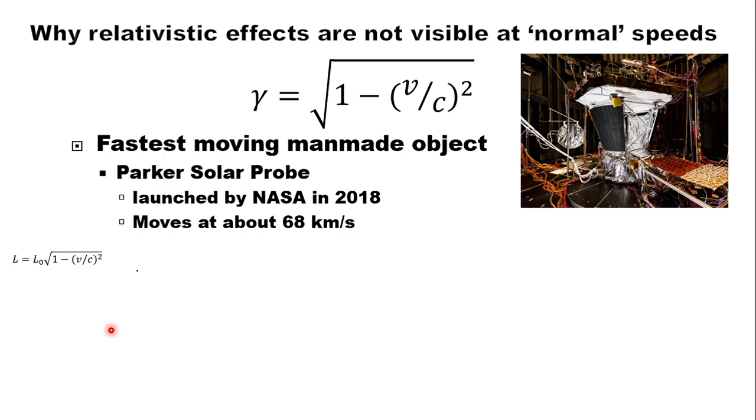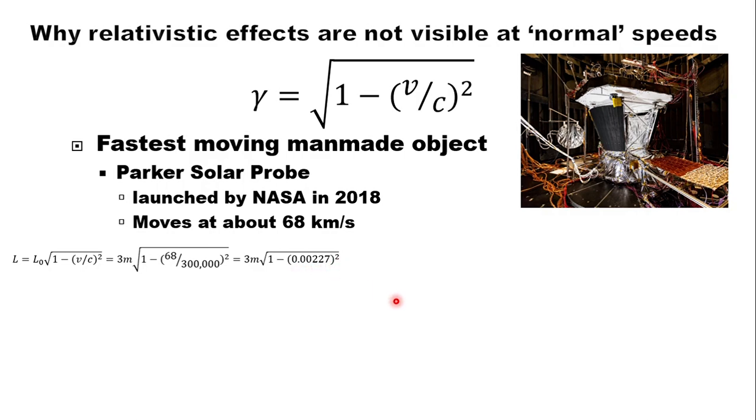Okay. So let's plug in our numbers. The Parker Solar Probe is 3 meters in length. It's traveling at 68 kilometers per second. And the speed of light, c, remember, is 300,000 kilometers per second. So if we plug that in, 68 divided by 300,000 comes out to 0.00227.